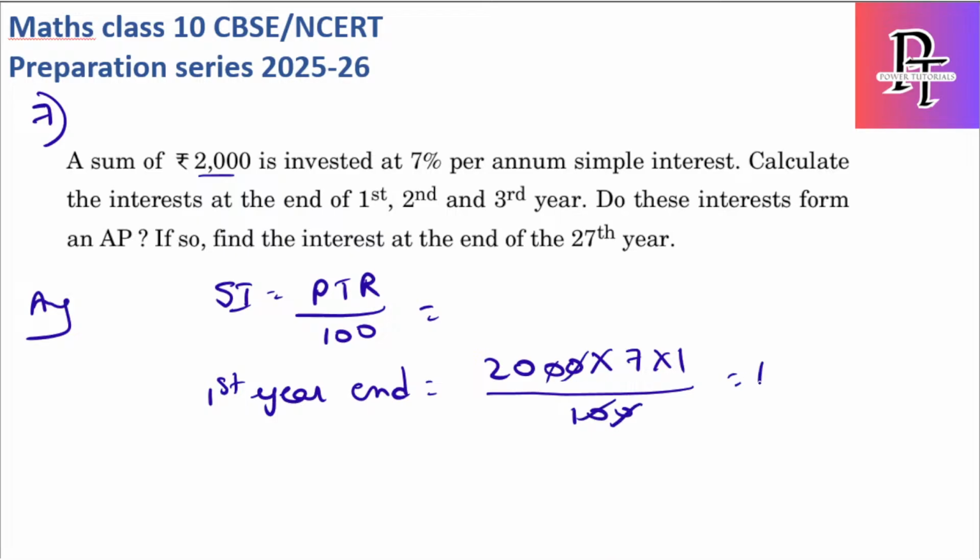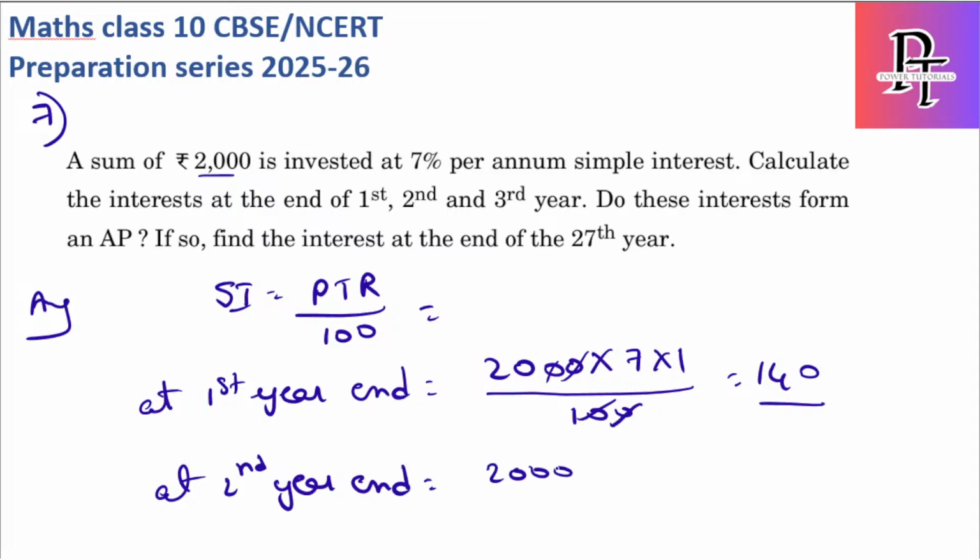The value is 140, because 2 sevens are 14. What is it at the end of the second year? It will be 2000 into 7 into 2 by 100. So this becomes 7 twos are 14, 14 twos are 28, so it is 280.